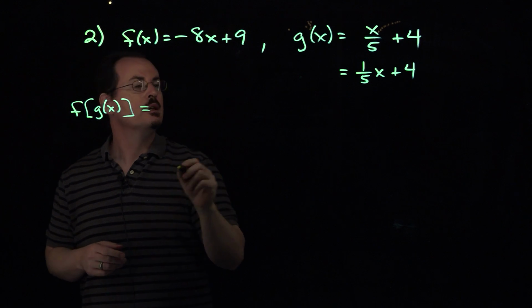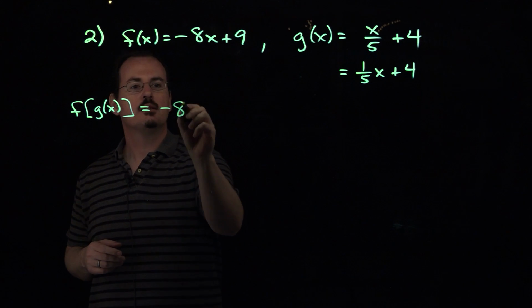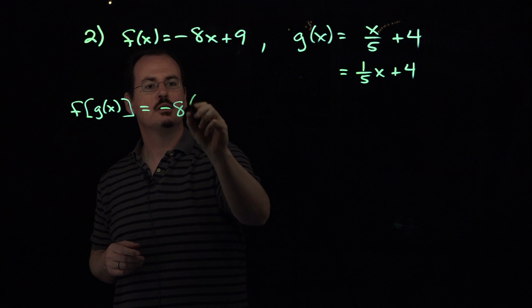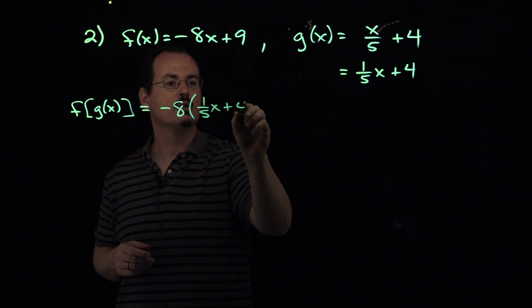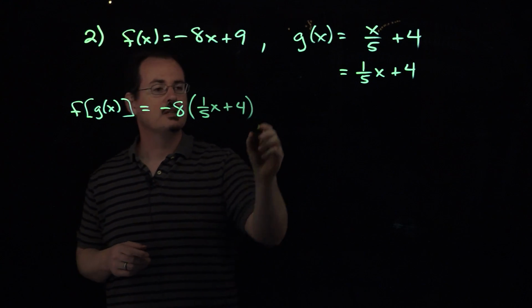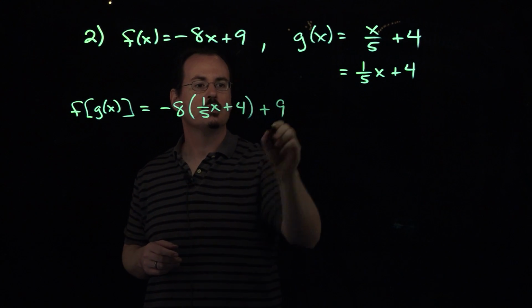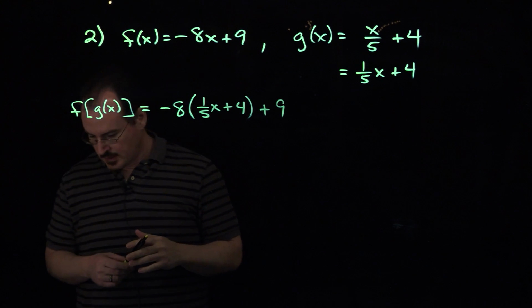Okay? So that gives me -8 times the whole function here, 1/5 x plus 4. And then I still have the plus 9 on the end of that one. So then I have to simplify this.